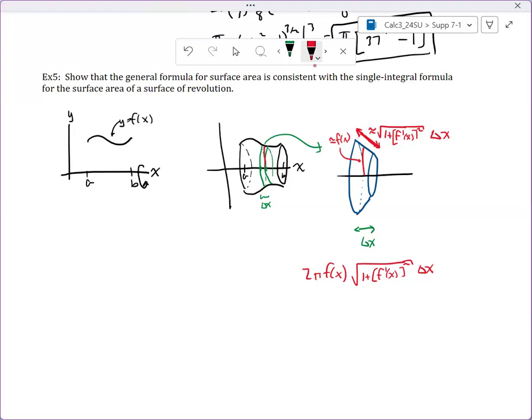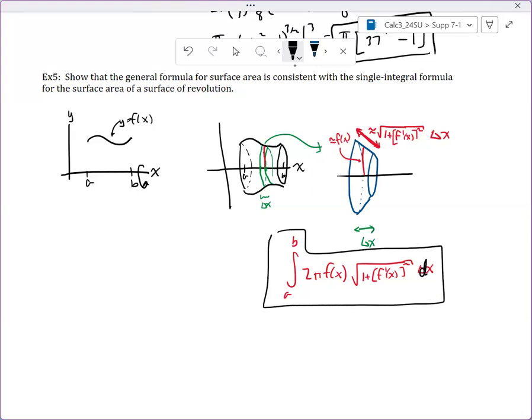Then we, of course, add them all together and take a limit, and that delta x turns into a dx. So for the surface area of a surface of revolution like this, that is our formula.